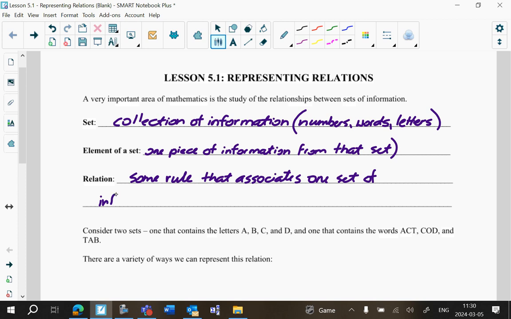And we're going to see a bunch of examples of that in this lesson as we go along. And again, the two sets of information could be numbers. One could be numbers, the other could be words. One could be letters, the other could be numbers. Who knows? Okay.